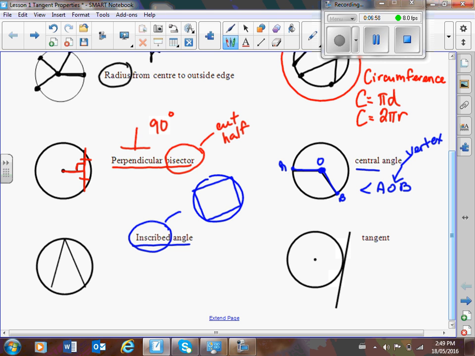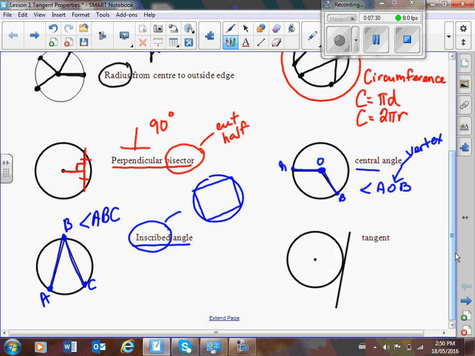So the inscribed angle is an angle that has all three of its endpoints touching the circle. So we start here, here, here, and here is my vertex. So this angle here, we'll say ABC. Okay, angle ABC is an inscribed angle.